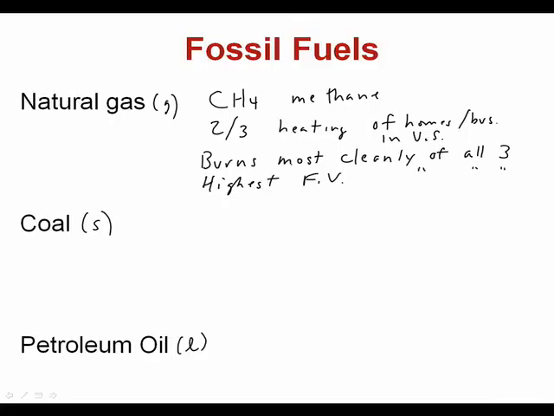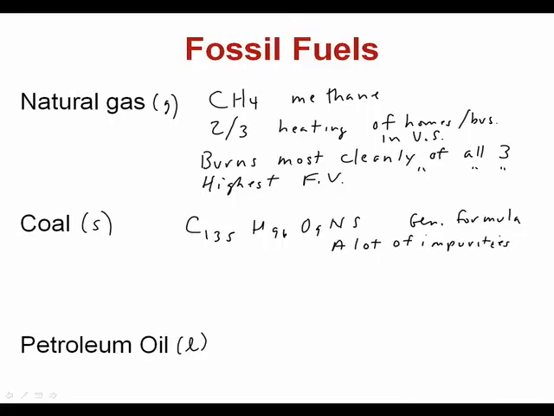Coal. Coal is the most abundant, and it has a general formula that's pretty intense. So that's kind of the general formula, and of course it varies. It's a solid with a lot of impurities. Oh my gosh, this stuff has got everything from lead to mercury. One of the big problems is the sulfur.